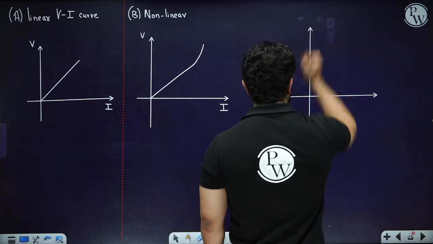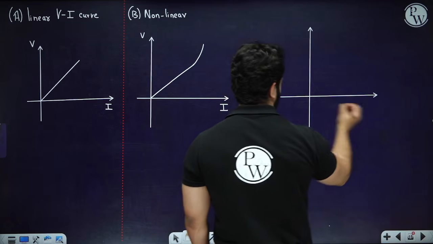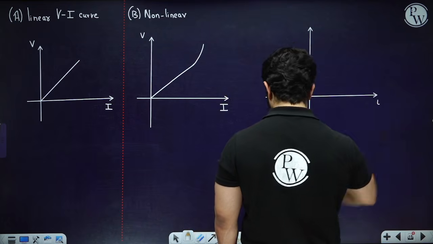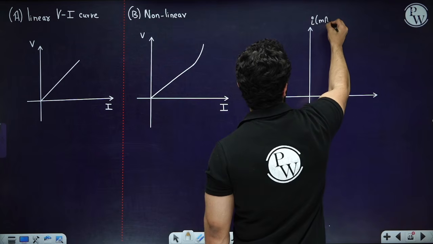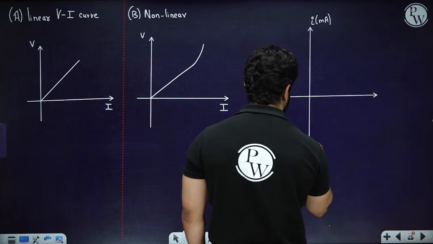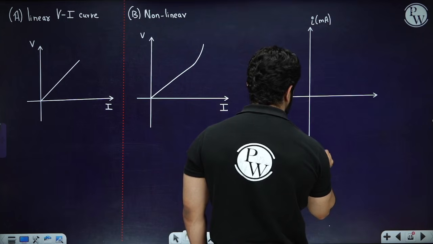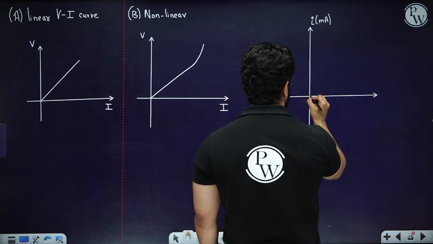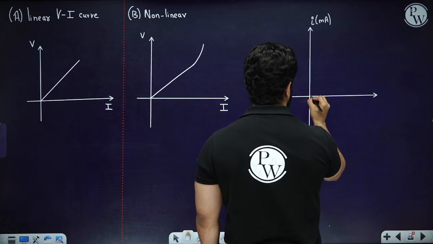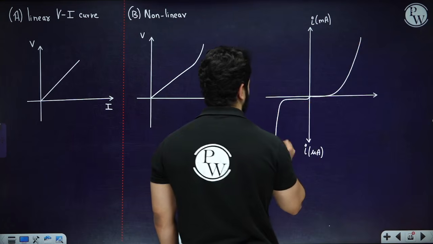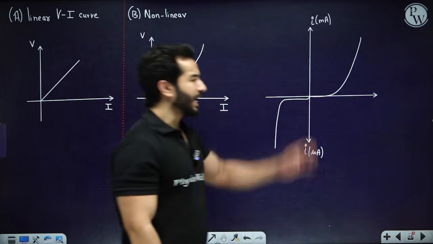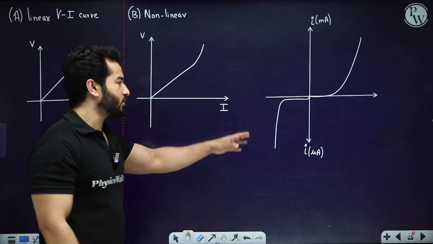In the case of semiconductors, you will have something like this; over here I'll write current, it's in milliampere. You'll learn all of these things in detail in semiconductors. This is microampere, and this is how it's going to be. That part is forward bias, this is reverse bias.